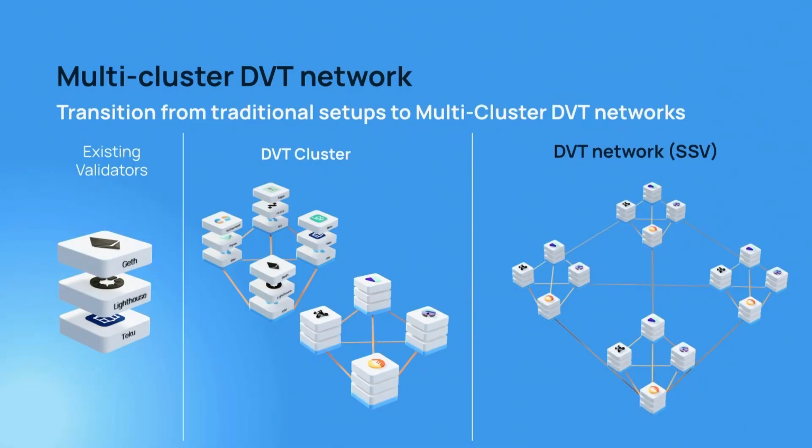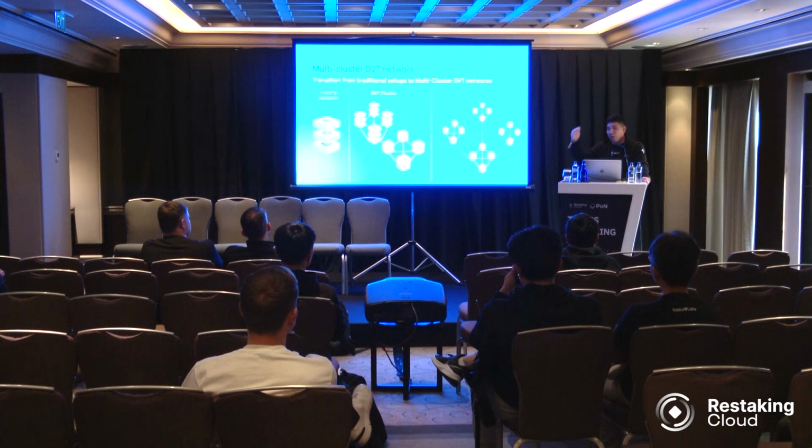Okay, right. So this is just a quick standard flow. The existing validator is a single point of failure. Then we transitioned to the initial phase of the core research, which is a DVT cluster, where everything is isolated, not mesh-like, nothing is interconnected. There are a lot of limitations, like coordination, and being unable to change the operator in a cluster without exiting the whole validator from the beacon chain, which is a huge limitation.